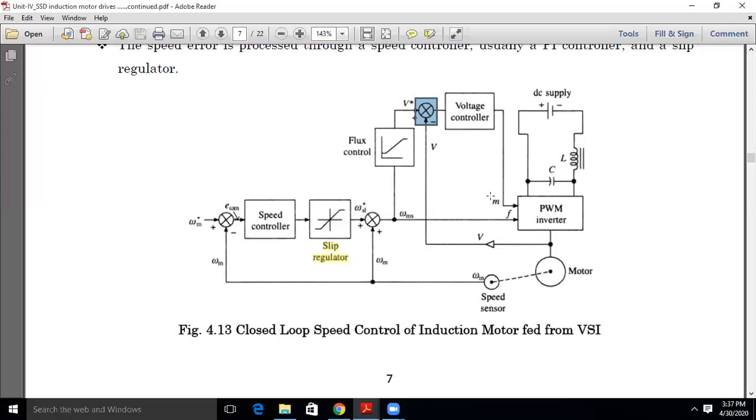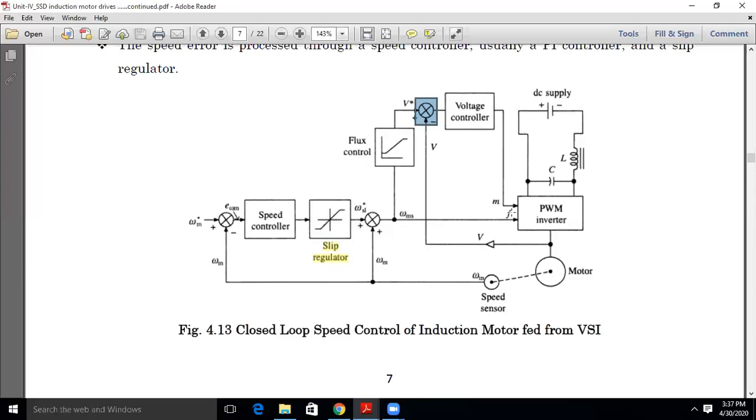Based on this modulation index M, the voltage output of the inverter is varied, and based on the frequency input, the output frequency of the inverter is varied. So both voltage magnitude and frequency of the inverter depend upon the two control inputs, M and F. So there are two closed loops.